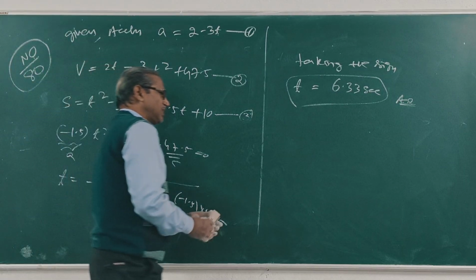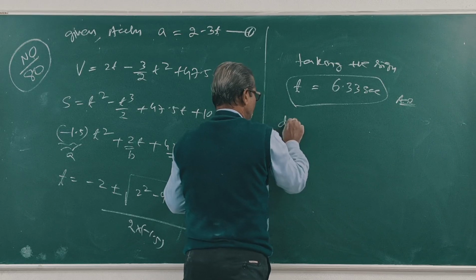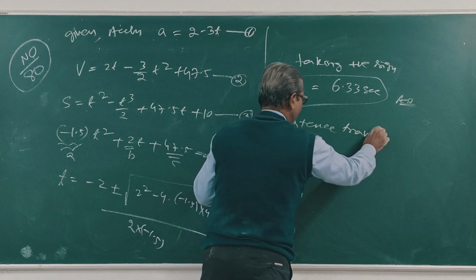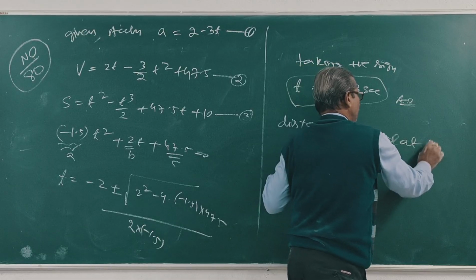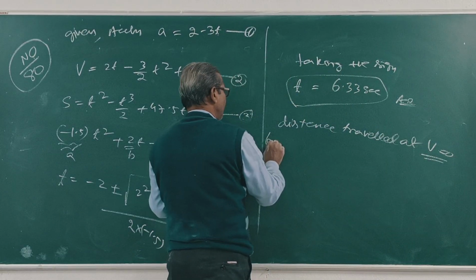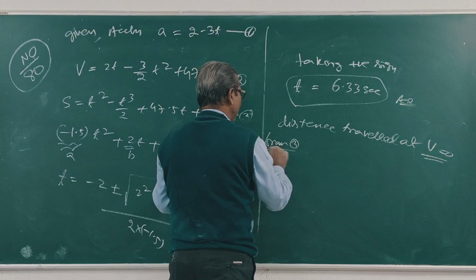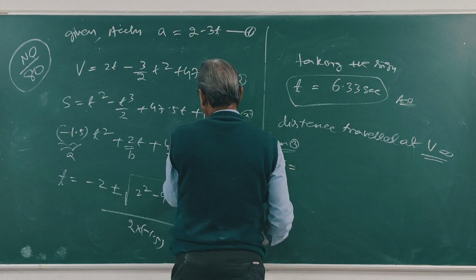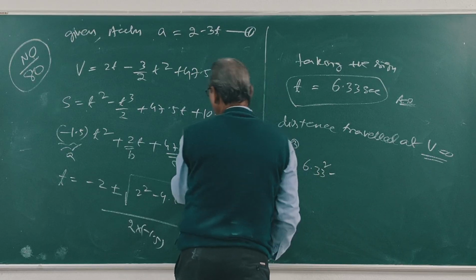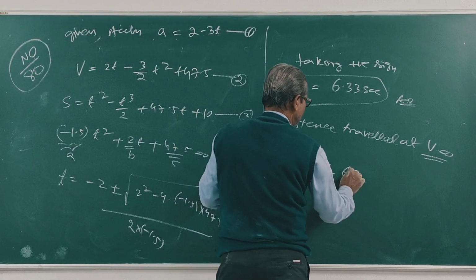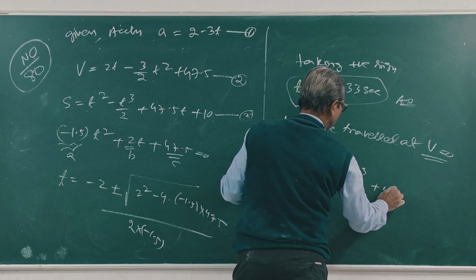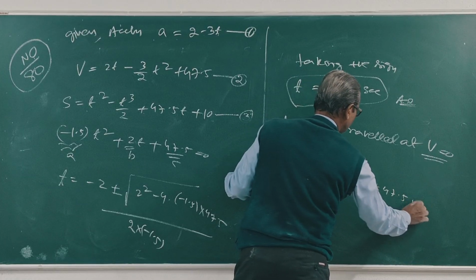Now the distance traveled at zero velocity, at v equal to 0, from equation 3: s is equal to t square, 6.33 square, minus t cube by 2, 6.33 cube by 2, plus 47.5 into 6.33.